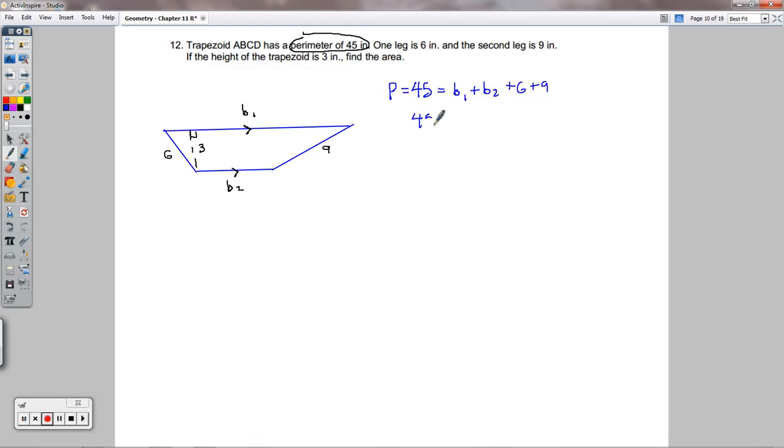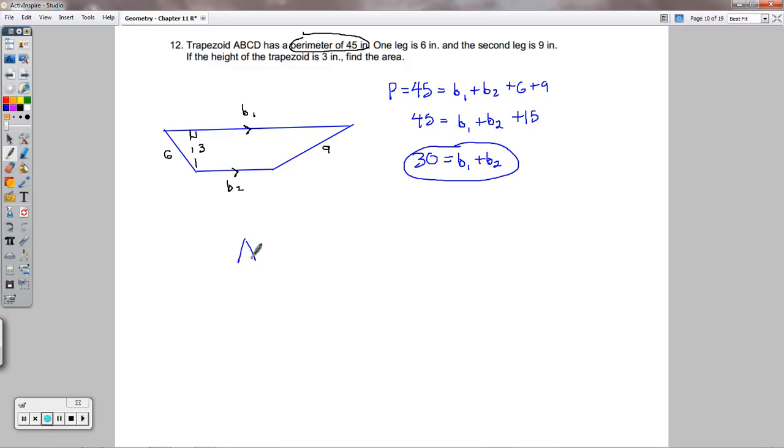So 45 equals B1 plus B2 plus 15. If you subtract 15 from both sides, you're left with 30 equals the two bases added together. So I can just use that.